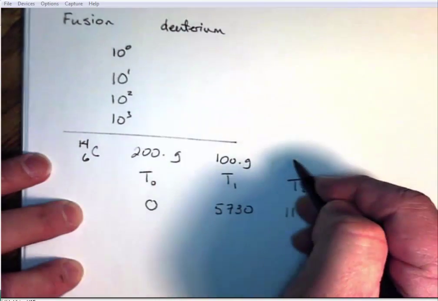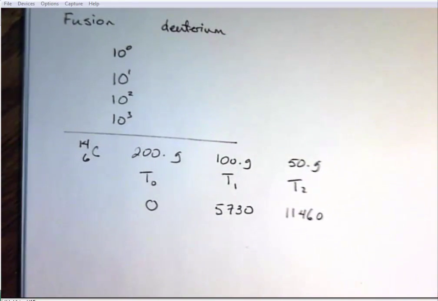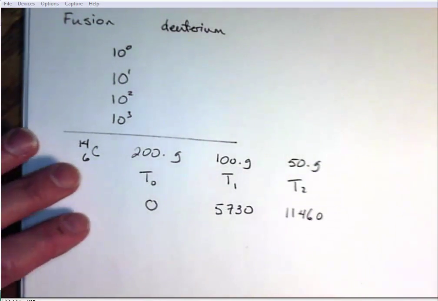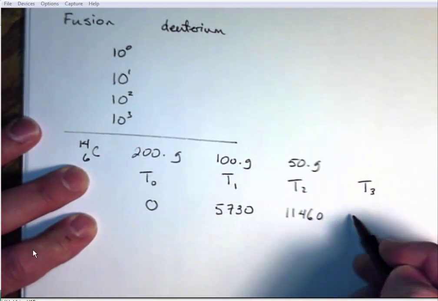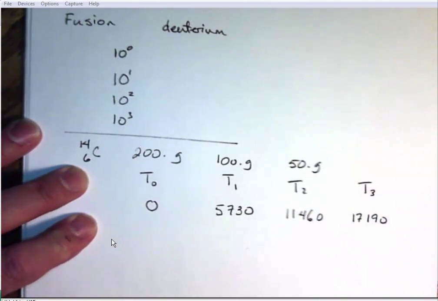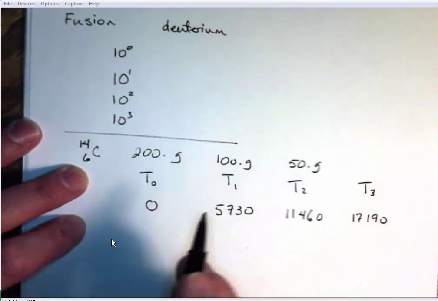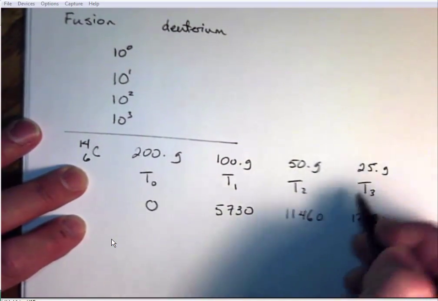Well, that's 50. Okay? And so our next half-life, that's 17,190 years. Half of this is going to be left. Does that make sense?